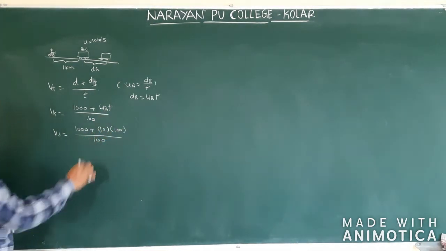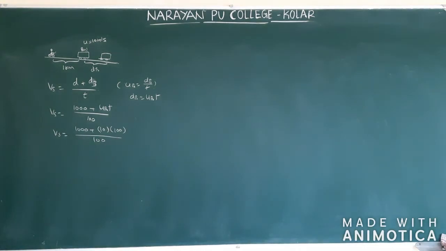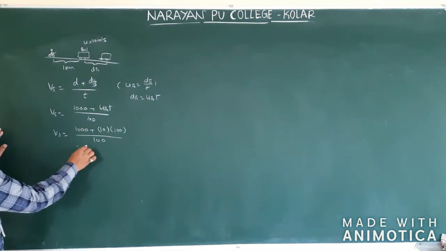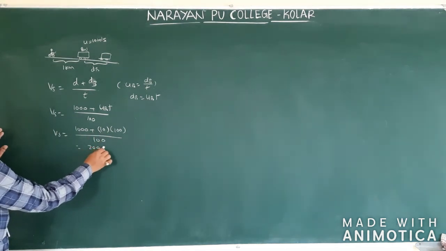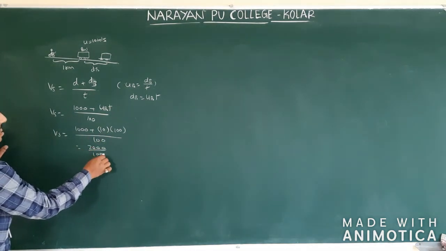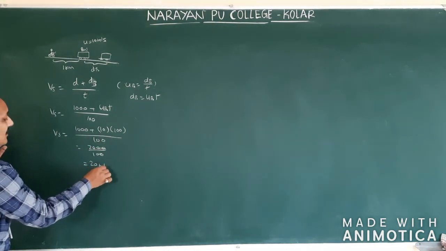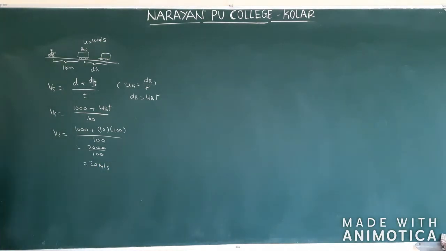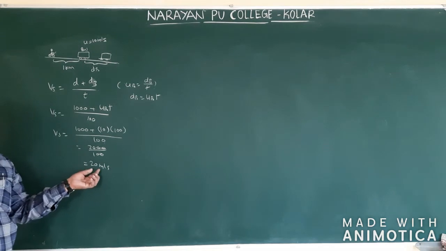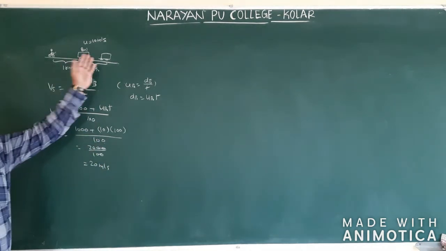So that is nothing but the distance covered by the bus. Total 1000 plus 1000, so 2000 by 100. That is nothing but 20 meter per second. This is the velocity of the motorist. The motorist should move with 20 meter per second to overtake this bus.